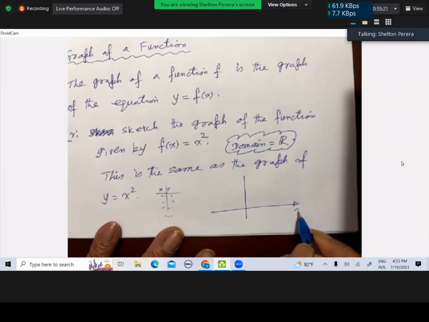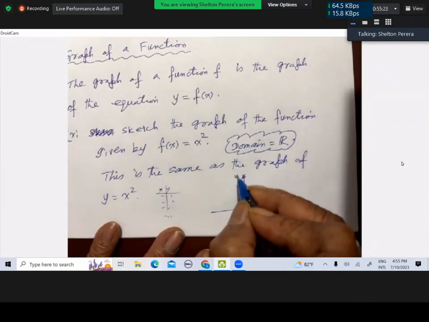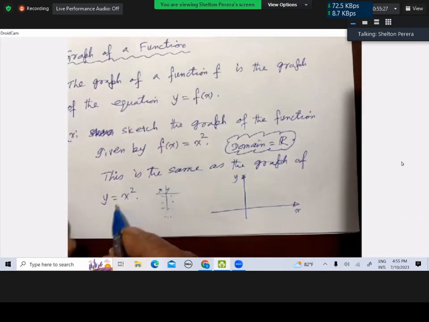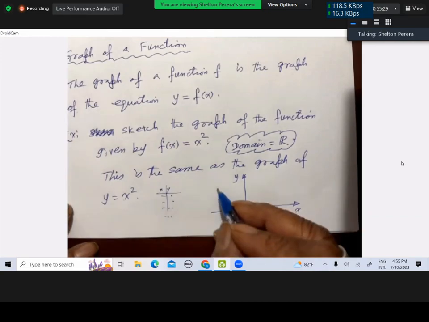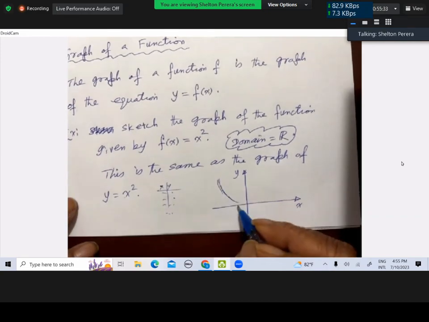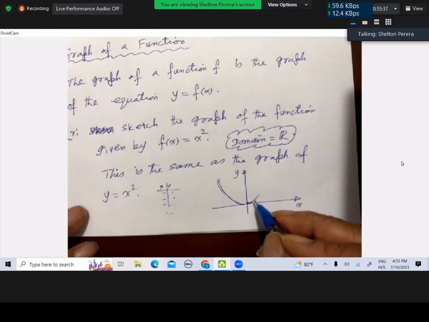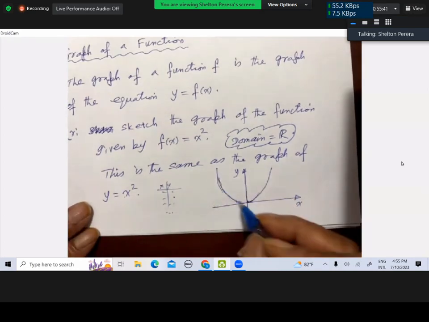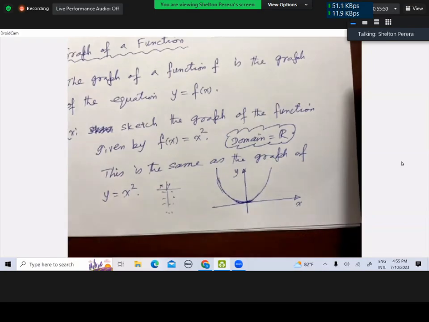You simply draw like this, x, y. Recall from your memory the shape. y equals x squared was this shape. A parabola touching the x-axis at the origin. Symmetric about the y-axis. It just touches at the origin. Now don't color like that, that's bad.